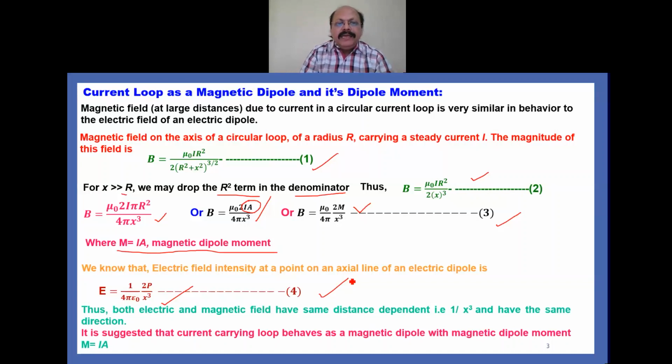Both electric and magnetic fields have the same distance dependence, that is 1 upon x cube, and also have the same direction. So it is suggested that the current carrying loop behaves as a magnetic dipole with magnetic dipole moment m equal to I A. By this explanation, we can say that the current loop behaves as a magnetic dipole and its dipole moment is m equal to I A.